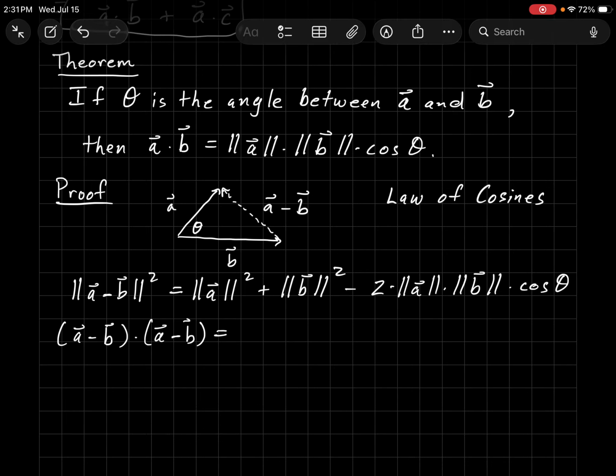Using our distributive property, we get A dot A minus A dot B minus B dot A plus B dot B. That still equals the right side of the original.